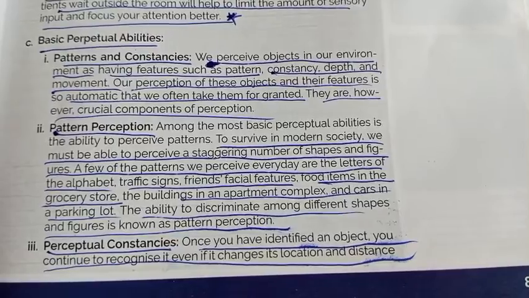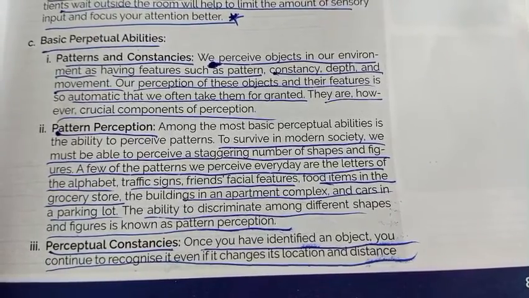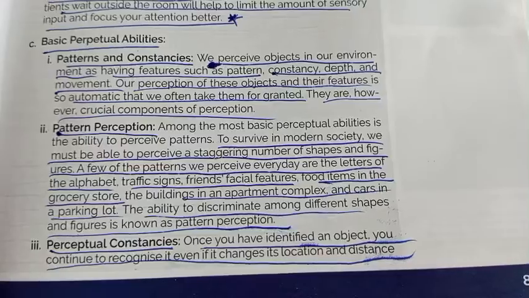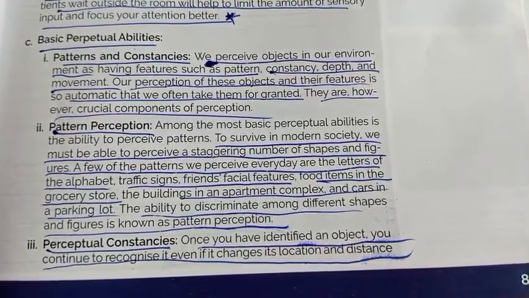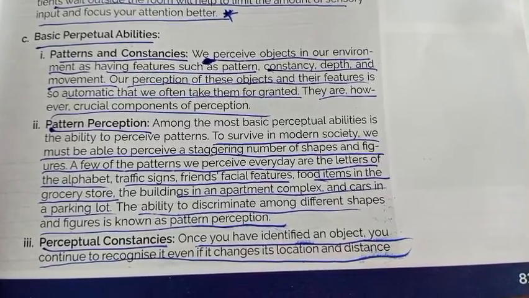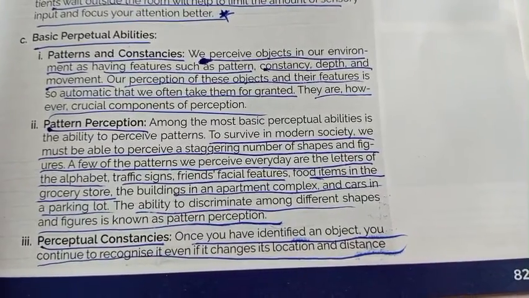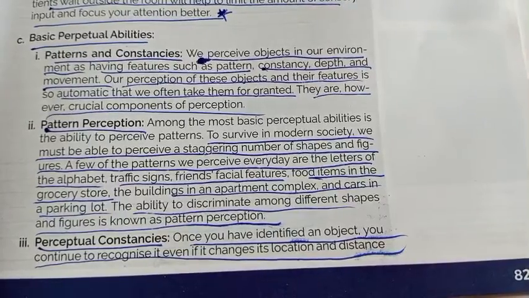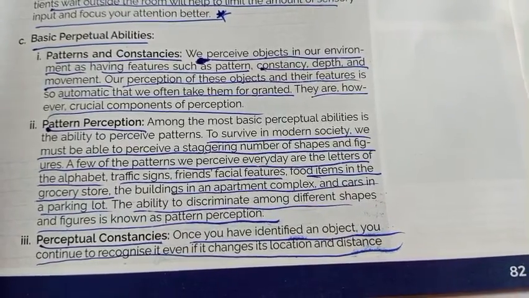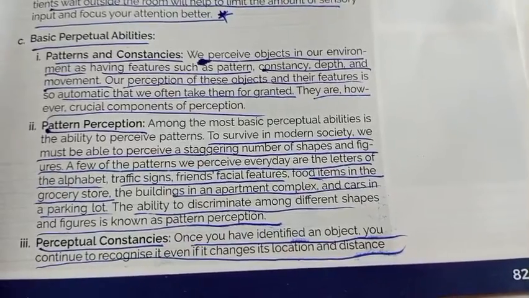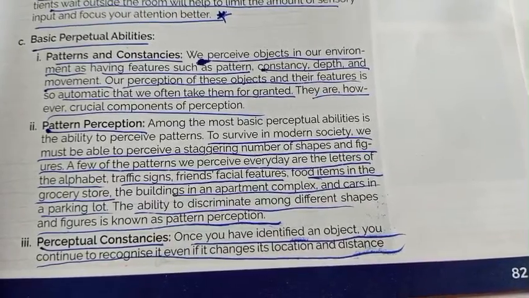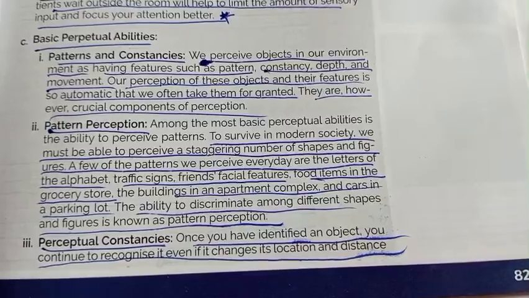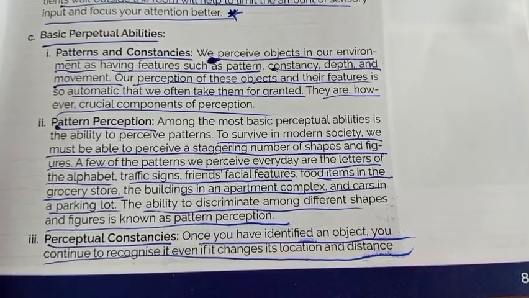A few of the patterns we perceive every day are the letters of the alphabet, traffic signs, friends' facial features, food items in the grocery stores, the buildings in an apartment complex, and cars in a parking lot. The ability to discriminate among different shapes and figures is known as pattern perception.